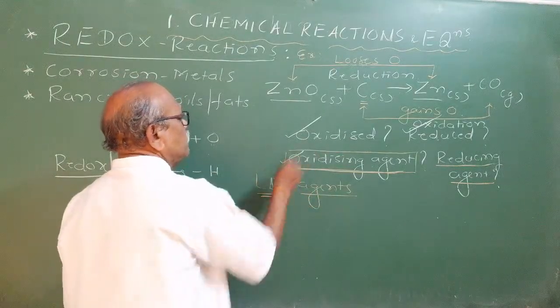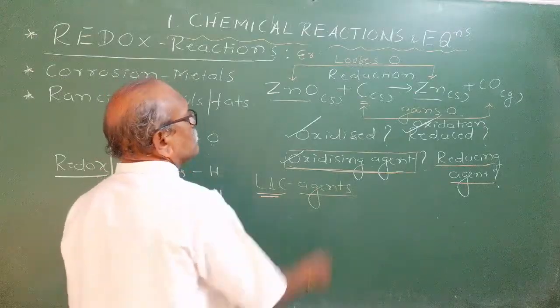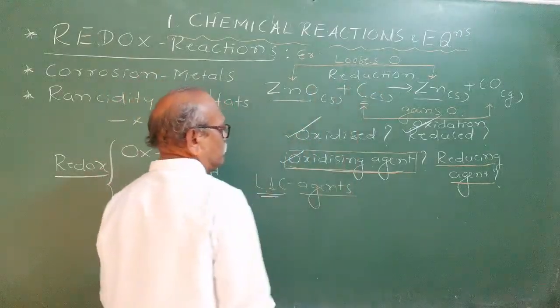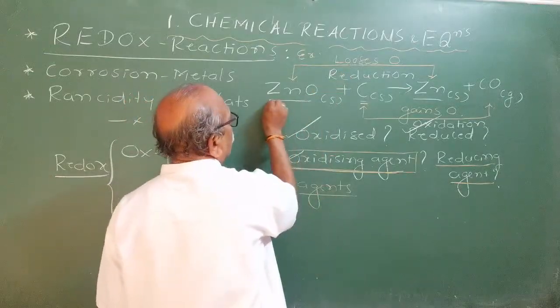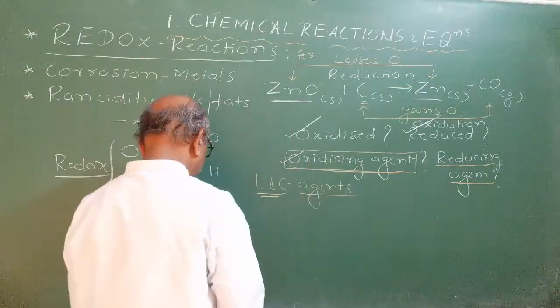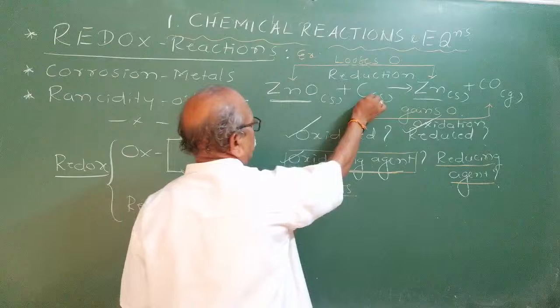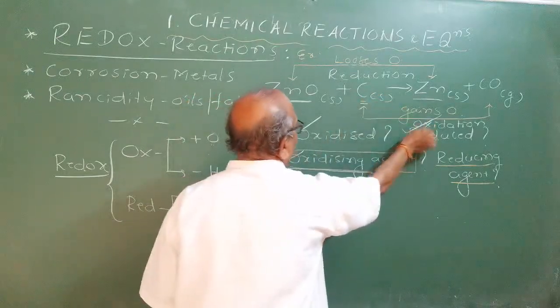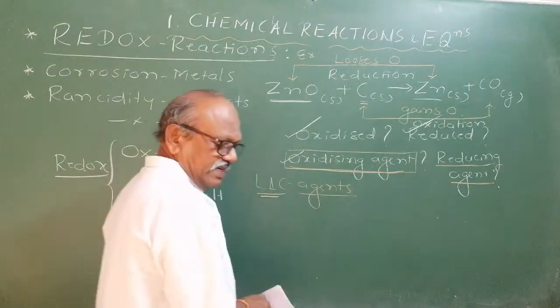An oxidizing agent is the one which itself undergoes reduction and supports the oxidation of the other. Zinc oxide is undergoing reduction, right? Therefore, the oxidizing agent will support the carbon to get oxidized by providing oxygen to it. That is called the oxidizing agent.